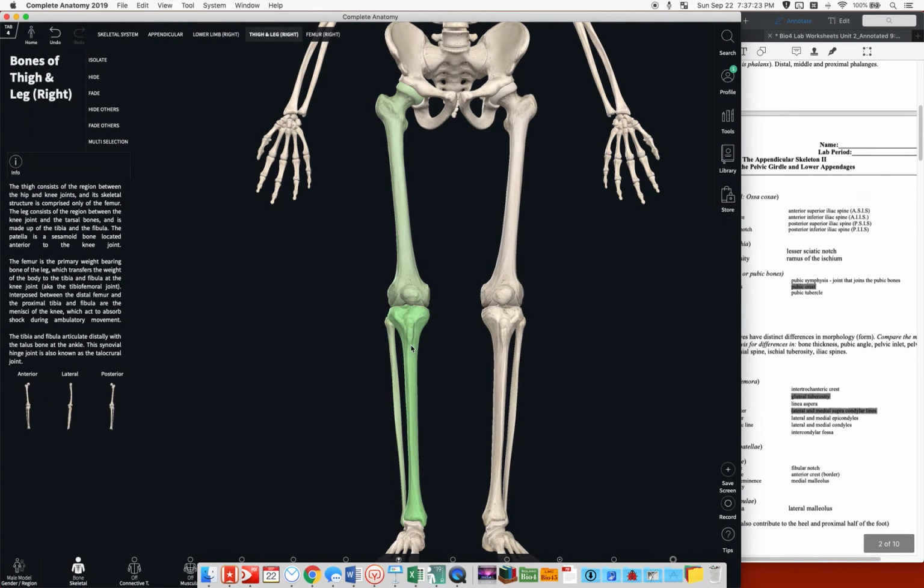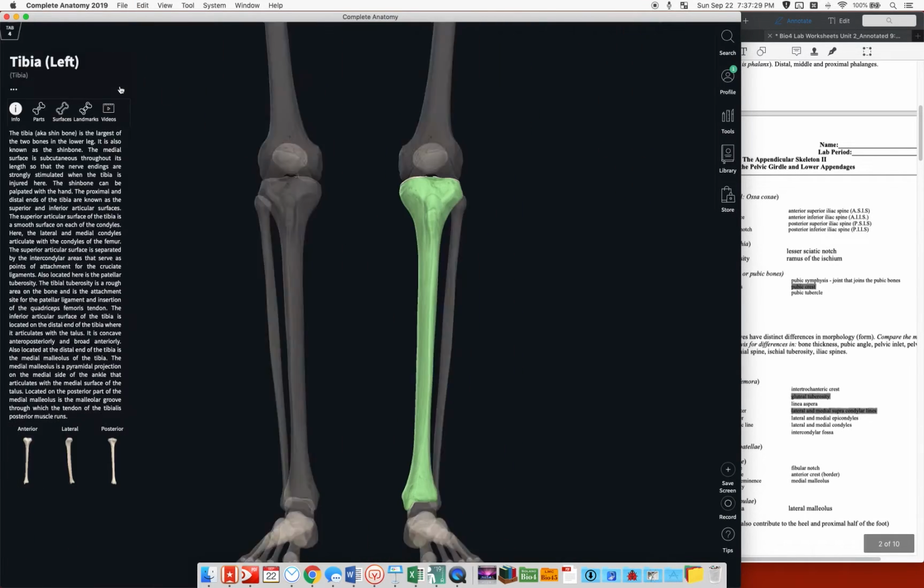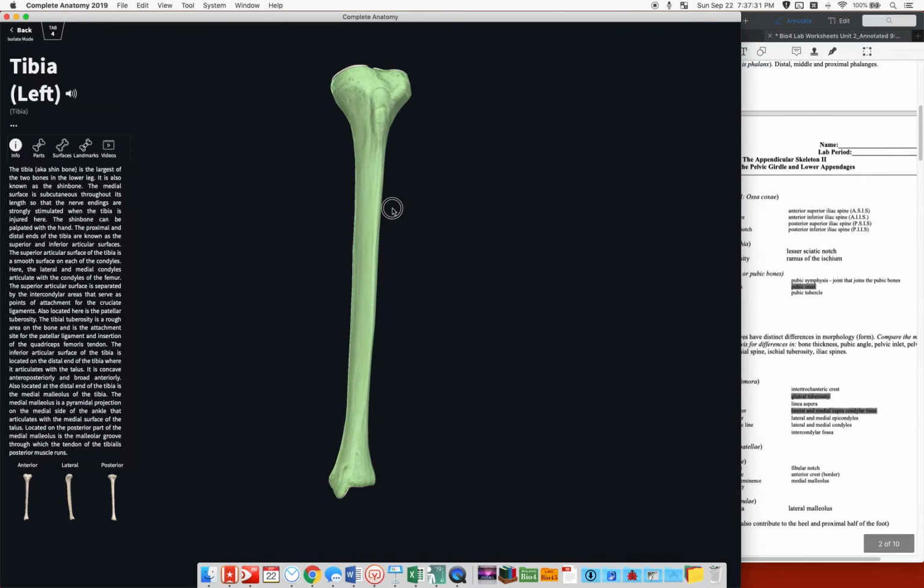Moving on to the tibia. We're going to pick the other side for now, just to practice. Now you have to be able to determine, is this right or left? Again, to determine whether this is the right or left tibia, you need a landmark that lets you differentiate between front view and back view.